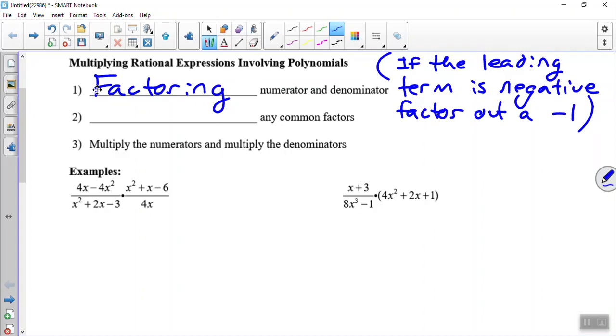Okay? And you've got to be careful with that. It's kind of tricky. Remember, the leading term is the one with the highest degree, so sometimes it might be out of order. So be careful with that.